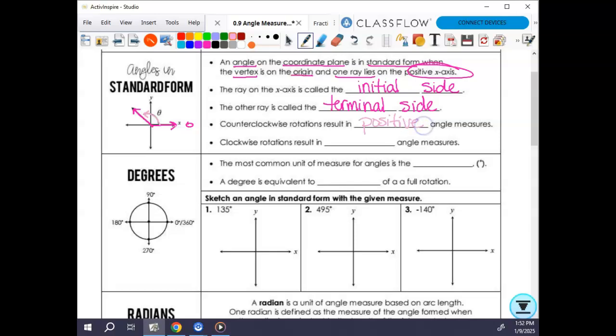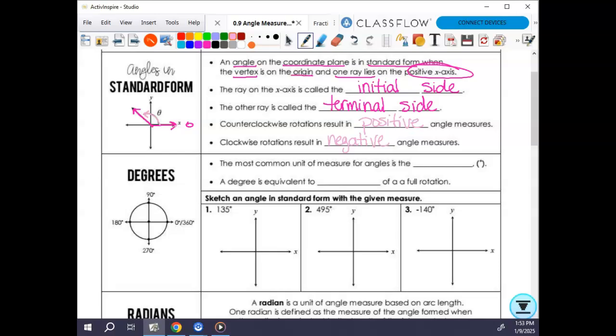If I was to start here and rotate clockwise, that results in negative angle measures. And I think at this point you know that negative angles exist. You haven't done much at all with them, or maybe nothing, because a negative angle in a polygon doesn't make any sense. Like that, you haven't really had an application to it yet. But you'll get real used to them real quick.